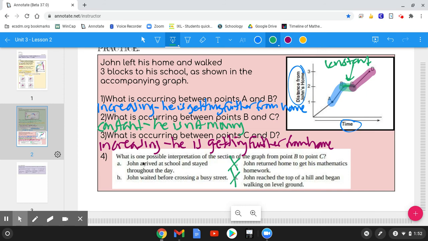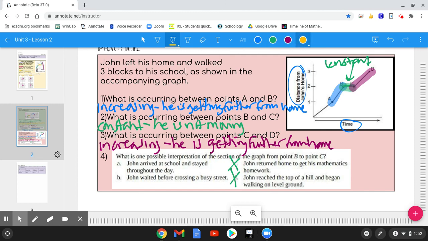And now we're stuck between A and B. John arrived at school and stayed throughout the day, or John waited before crossing a busy street. Now, both of these are where John is staying at one place the entire time, right? However, I'm going to infer here that after school, he would probably go back home.